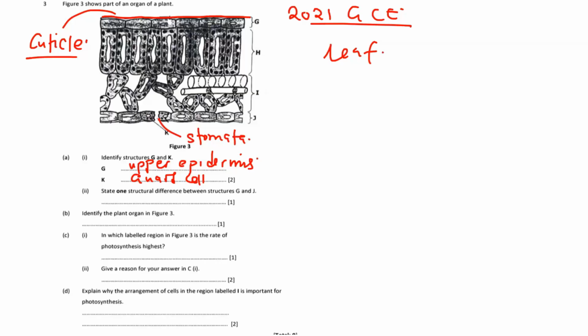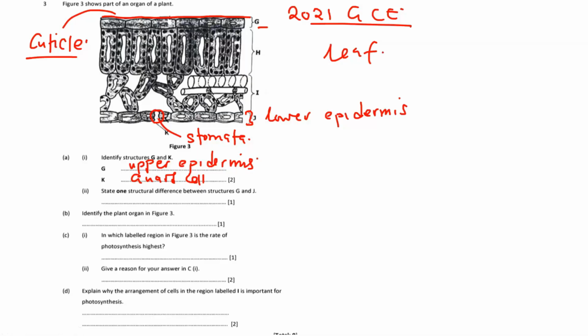Then state one structural difference between structure G and J. So structure G is the upper epidermis, and J is this whole one, the lower epidermis. So what is the difference between the upper epidermis and the lower epidermis? One difference is that, look at this, the lower part has the guard cells.